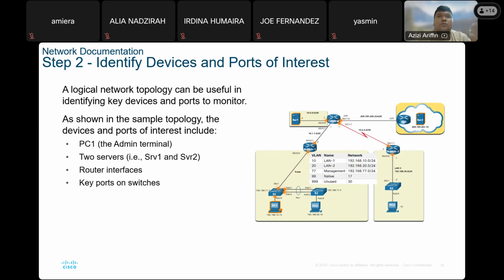And we don't do baseline on interfaces which are in the shutdown state. Usually we will do baseline monitoring. This means we collect data from interfaces which are in production. For example, in this diagram, we collect baseline from interfaces which are connected to another router or connected to another switch, right?